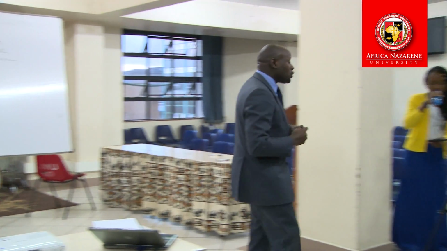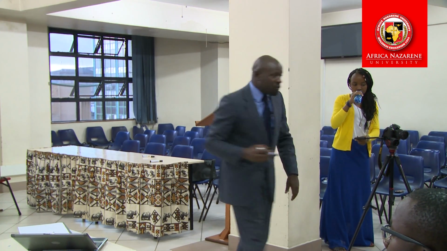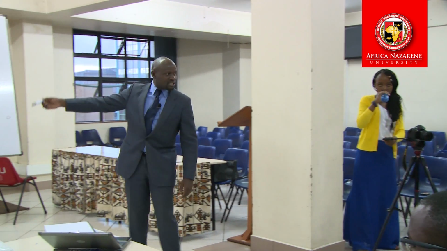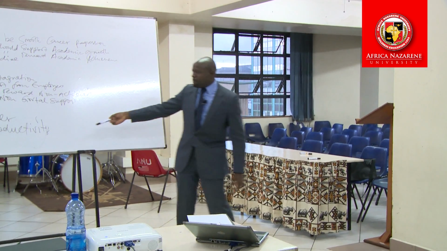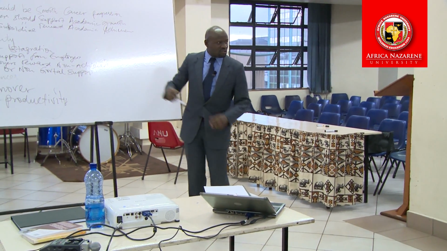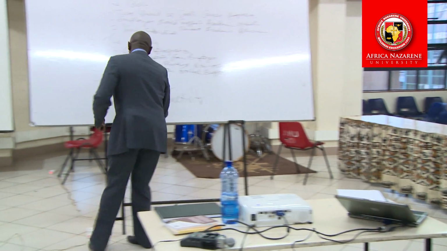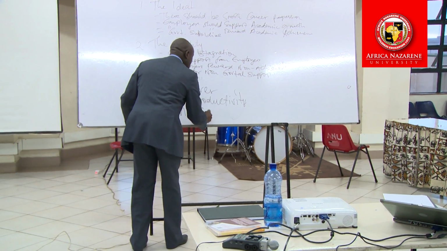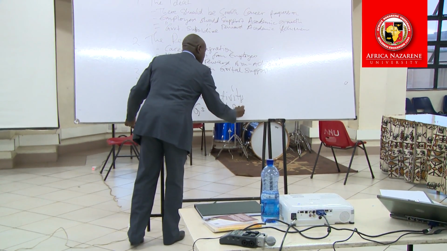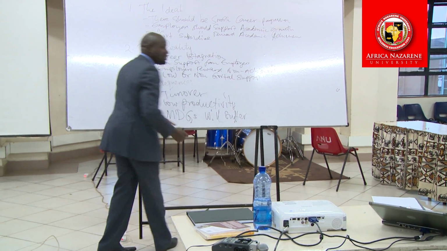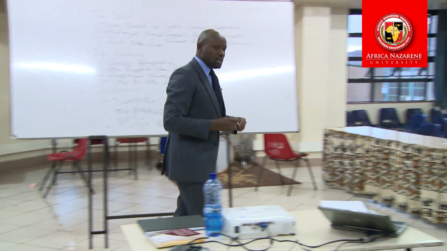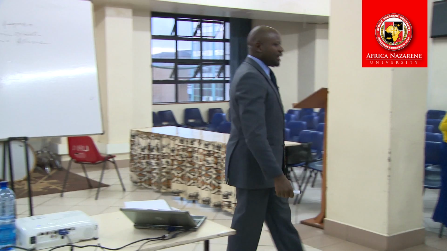Do you think they are going to be achieved if we have labor that is beaten up by all these challenges? Okay? So, MDGs will suffer. We will not achieve Millennium Development Goals. Are we okay up to there?